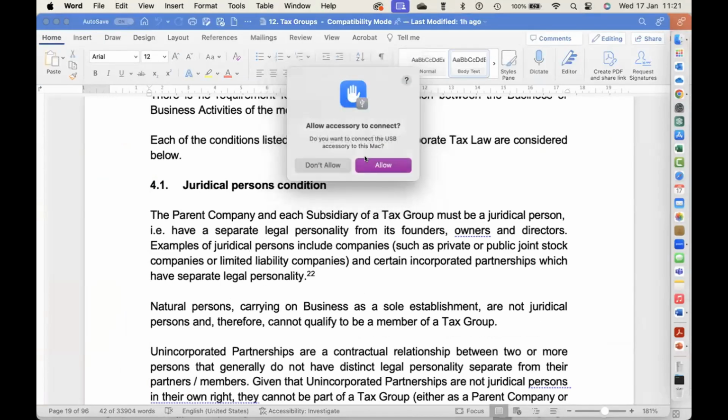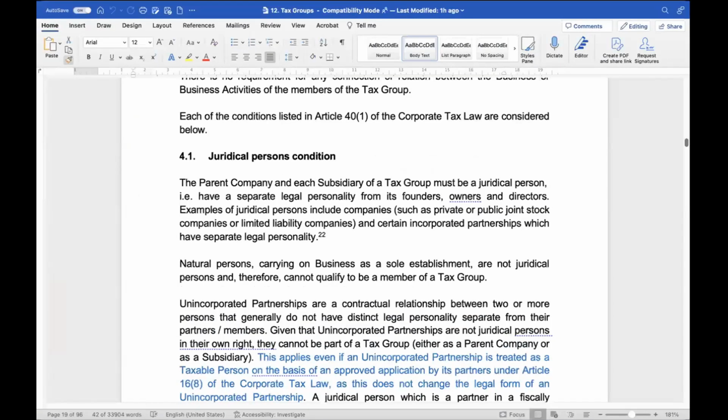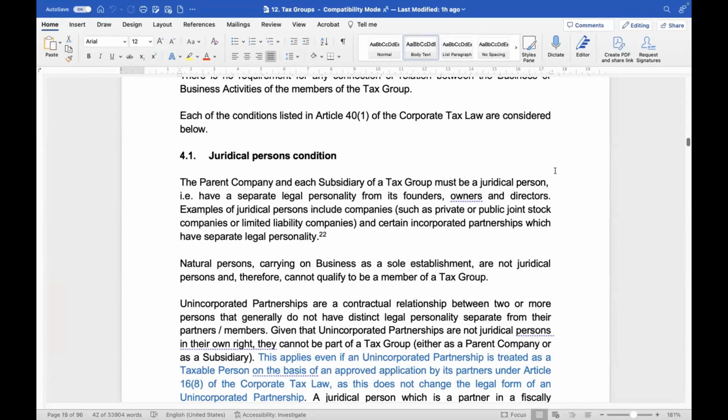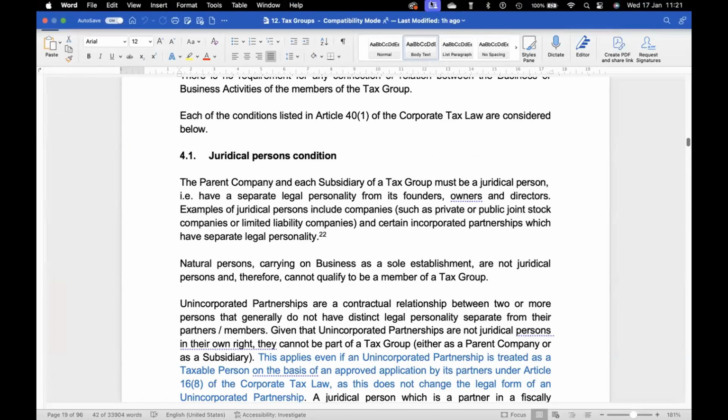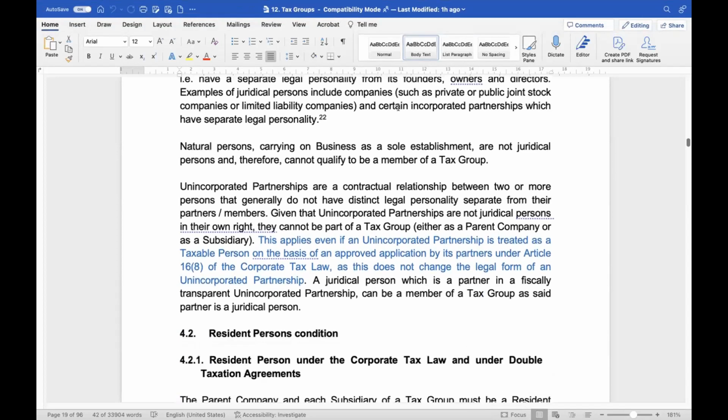Now we are very clear about what can be the resident juridical person which can become a part of the tax group. These are basically companies registered within the UAE or companies registered outside the UAE but controlled and managed from the UAE, which are not qualifying free zone persons and where all other conditions are fulfilled. So these are the juridical persons that can become a part of the tax group. Sole establishments, natural persons, or unincorporated partnerships cannot become a part of the tax group.